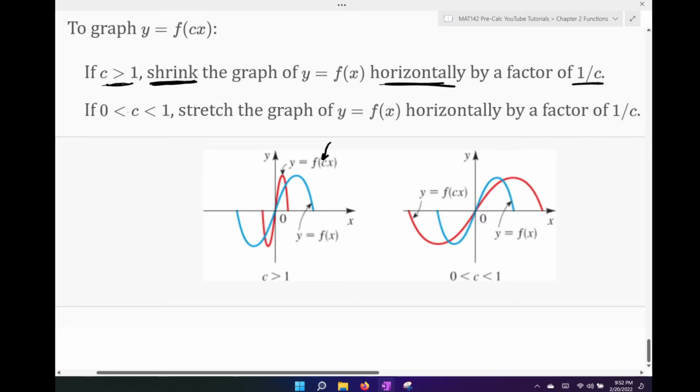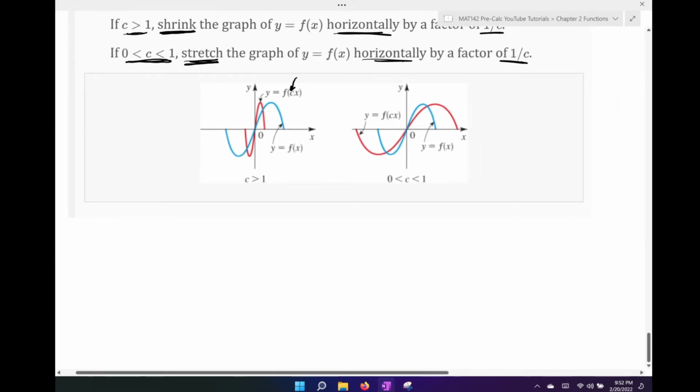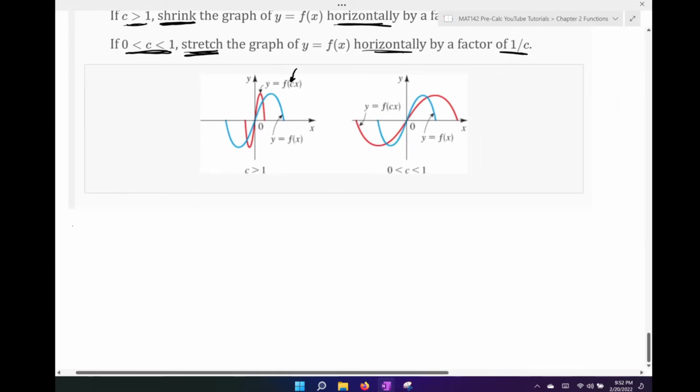And if C is in between 0 and 1, then we're going to stretch horizontally by a factor of 1/C. And once again, I think the easiest thing to do here is to plot points. So, let me see, what parent function?